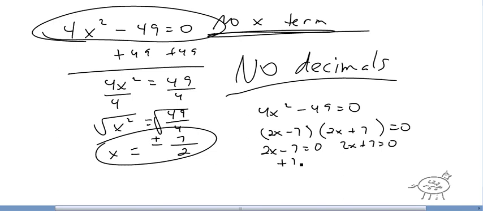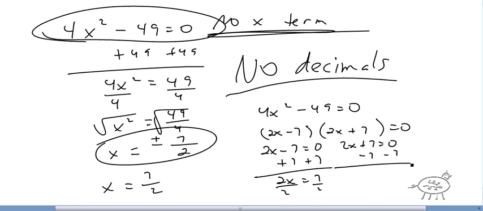So there's more work here. Look what I'm doing. 2x equals 7. Divide by 2. X is 7 halves. And the other one, 2x equals negative 7. Divide by 2. And it's x equals negative 7 halves.